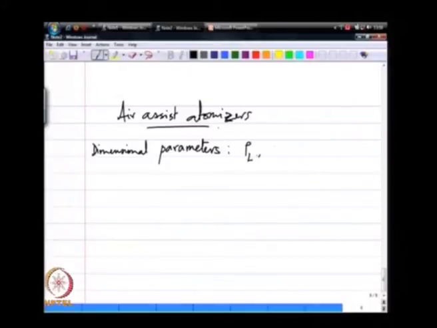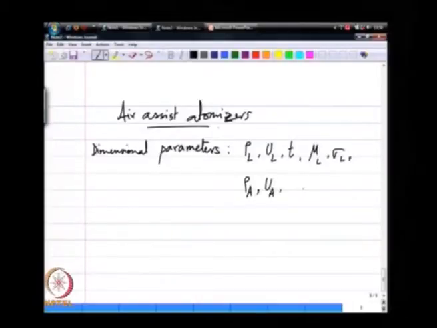I have liquid density, liquid velocity, liquid pre-filmer thickness, liquid viscosity, surface tension potentially, but in addition I also have the air side properties, the air density, air velocity, the air side length scale, like a diameter of that inner air passage.